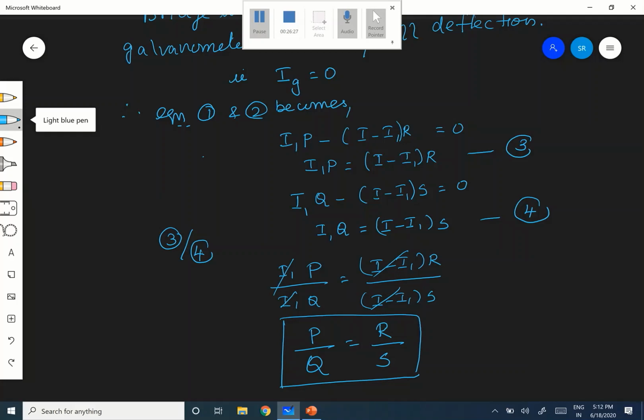That is nothing but Wheatstone's principle.